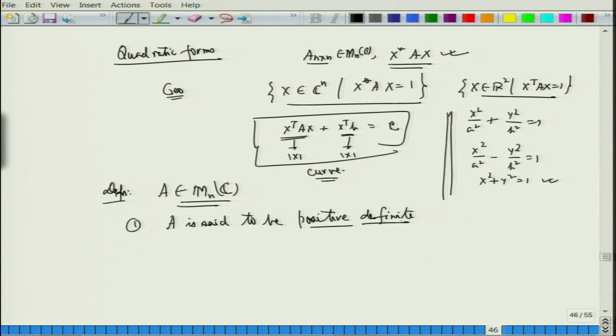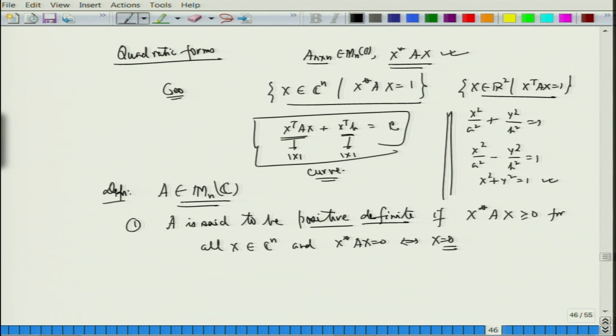Recall I had used this idea of positive definiteness at the time of inner product also. A is said to be positive definite if x star Ax is greater than or equal to 0 for all x belonging to Cn, and x star Ax is 0 if and only if x is the 0 vector. Is that okay?